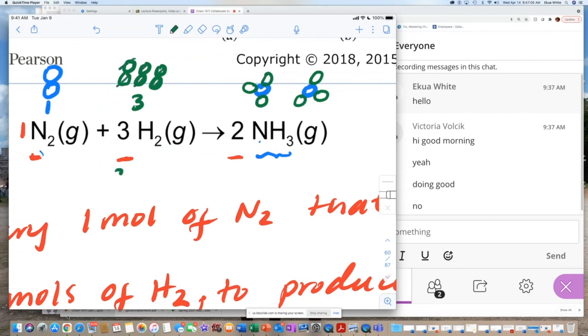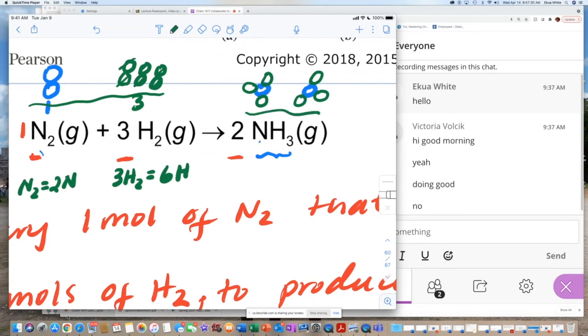So I see here, 3 H2s had 6 individual H's. So hopefully you can see that. And when I say I have N2, that's the same thing as having 2 individual N's, right? Remember, each circle represents the element, and the element is the atom. So here, I use everything I had available, and I get this product.